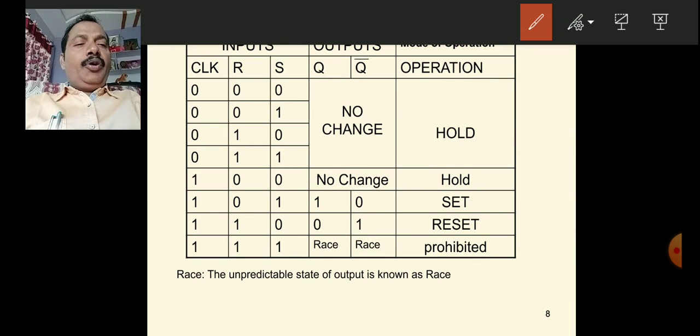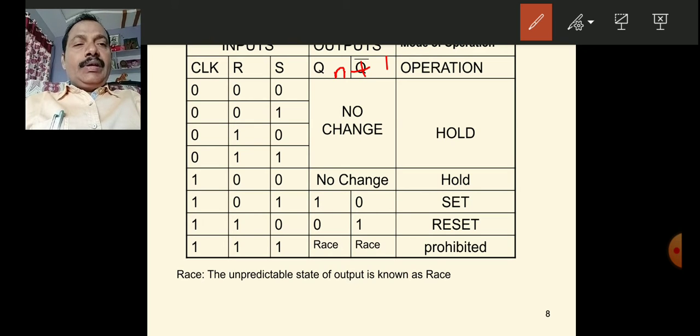And another important point is the 1 1 combination. It is the prohibited state. I already told you that because it is giving uncomplementary outputs, which is not at all acceptable. Another important point I would like to tell you is these outputs are generally called Qn plus 1.